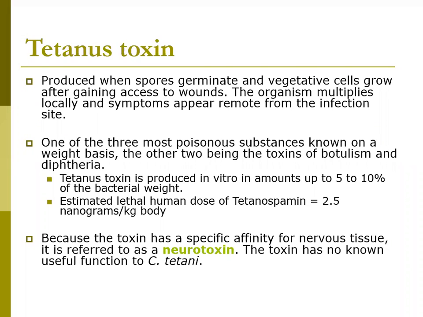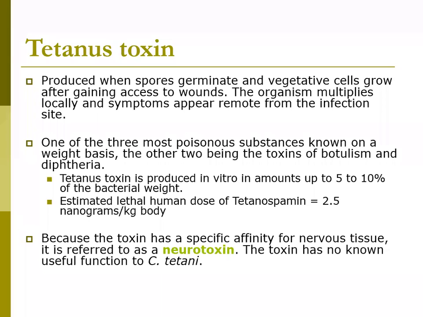Tetanus toxin is produced in vitro in amounts up to 5 to 10% of the bacterial weight. So we can understand that if it grows under anaerobic conditions, it can produce a lot of toxin. For a human, the lethal dose of tetanospasmin is almost 2.5 nanograms per kg of body weight.